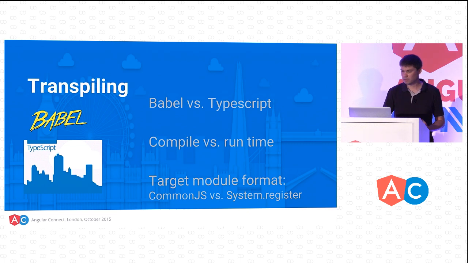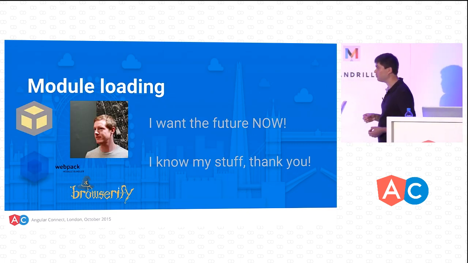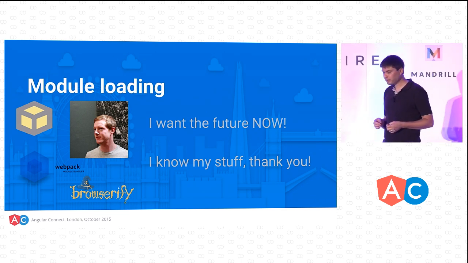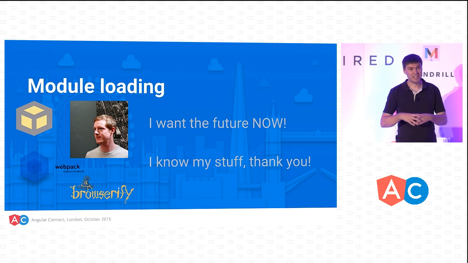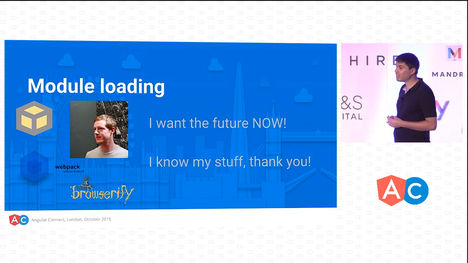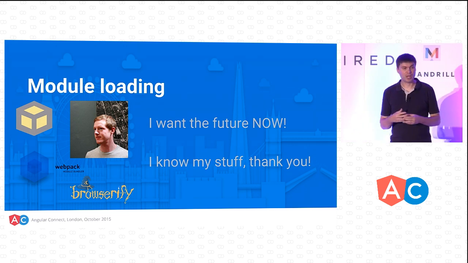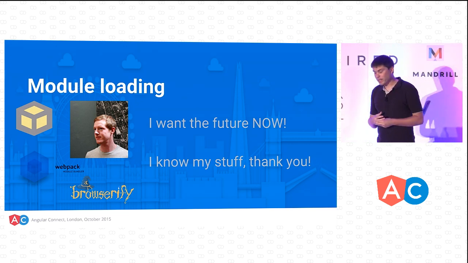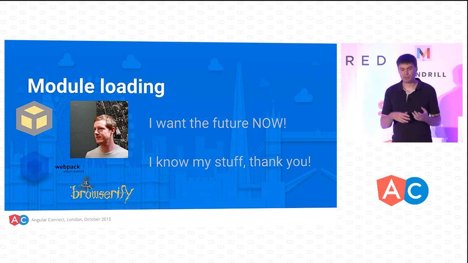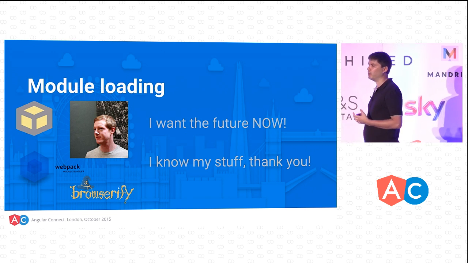Now, the choice of the target transpilation format will partly dictate what we can do with module loading. And once again, here the problem space is open to choices. But I think in this room or in any room you will have two camps. On one hand, you will have people saying, okay, I know that we don't have a specification for the loader, but we know some things about it.